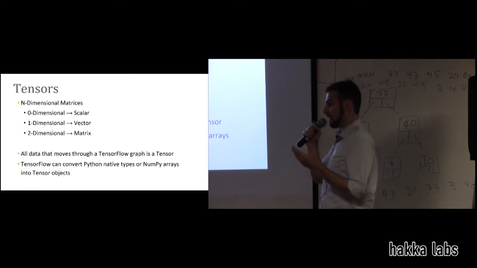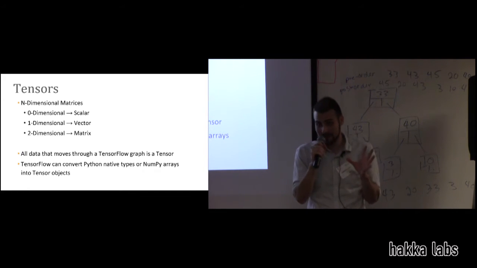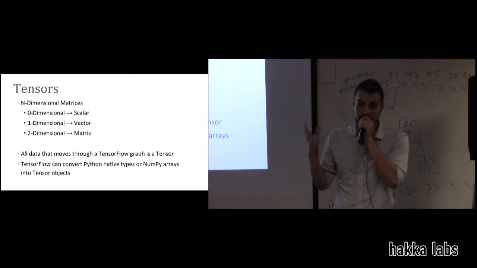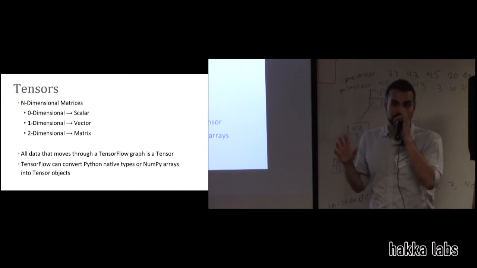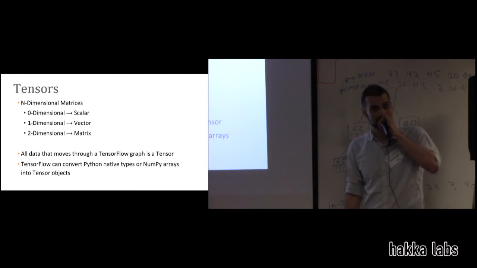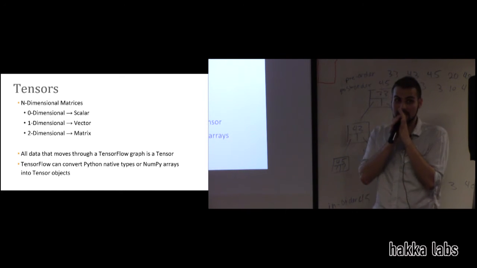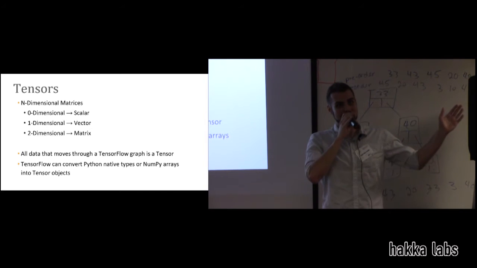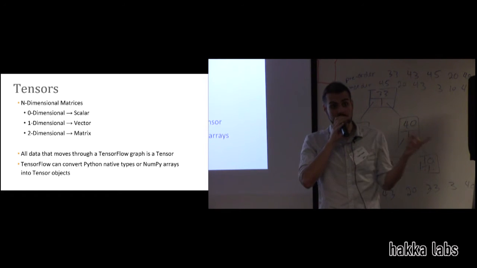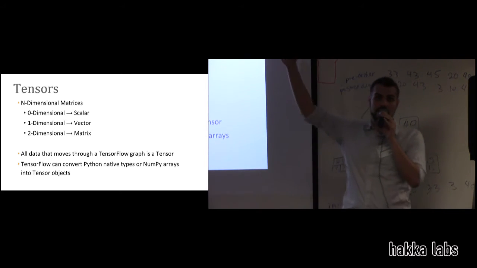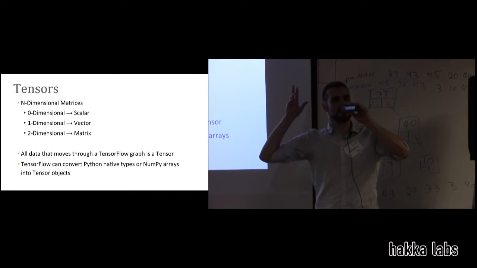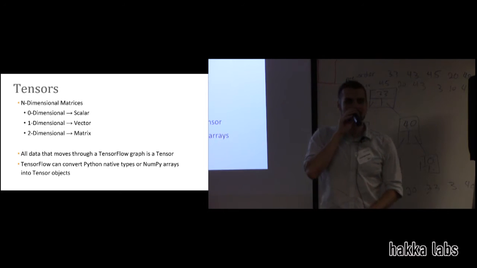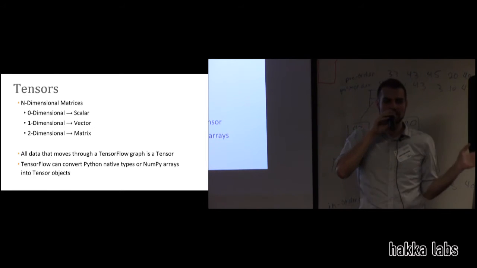Tensors, just in case you're uncomfortable with that terminology, are all just an abstraction of a matrix. A 2-dimensional tensor is a matrix, a 1-dimensional tensor is a vector, and a 0-dimensional tensor is just a scalar, a single number. As you go higher, you can imagine a 3-dimensional matrix as a cube, and a 4-dimensional matrix as a hypercube or whatever.